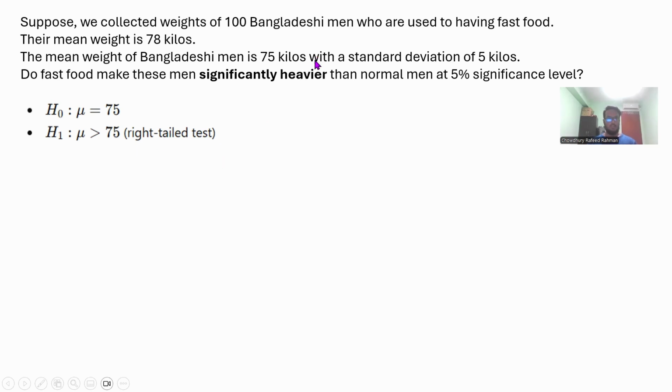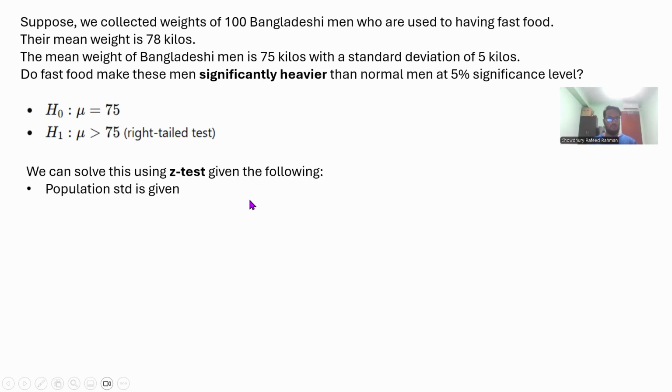What kind of property does this question have that allows us to use the z-test? There are some properties. For example, the population standard deviation has to be given. Here it is given as 5 kilos. If it weren't given at a population level, then we couldn't use the z-test. Also, the sample size has to be bigger than 30, which is 100 here, so it is okay.